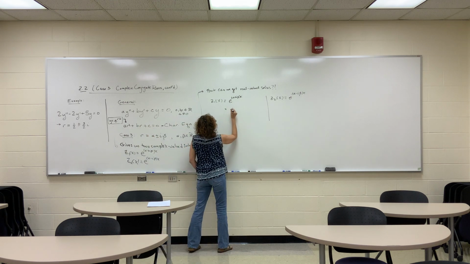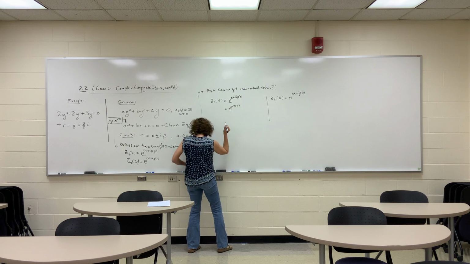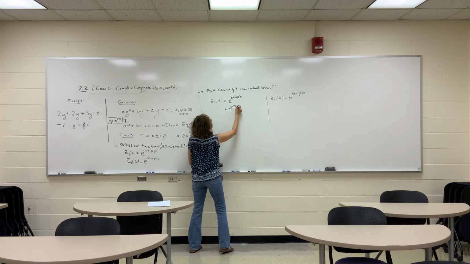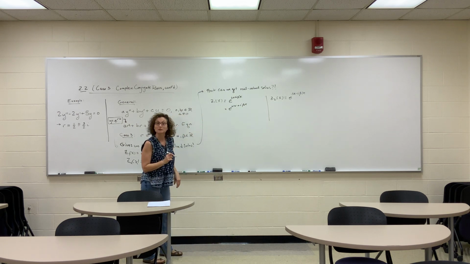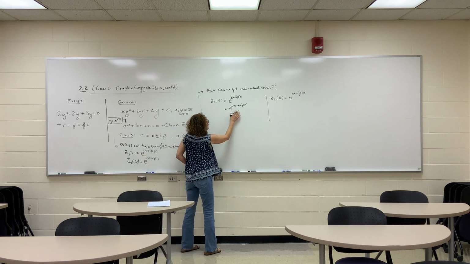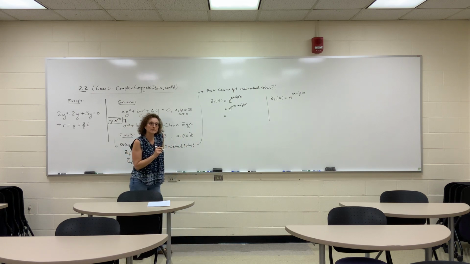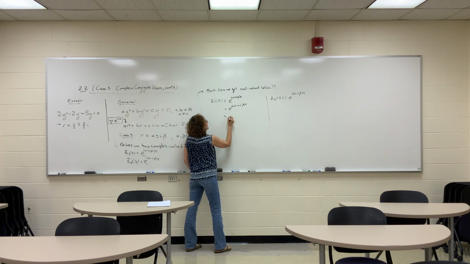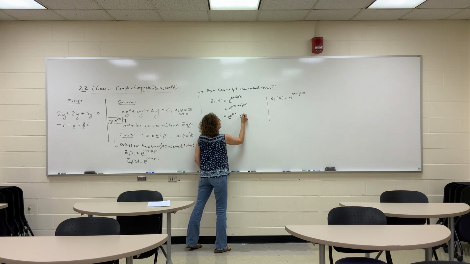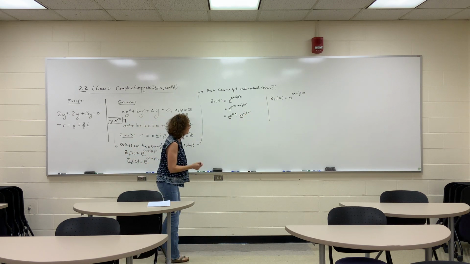So, distributive law, e to the alpha x plus i beta x. Distribute x across. Rules of exponents. How can I rewrite e to the alpha x plus i beta x? Good. e to the alpha x times e to the i beta x.